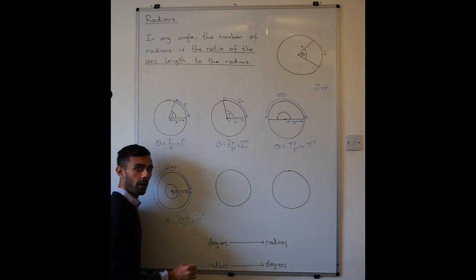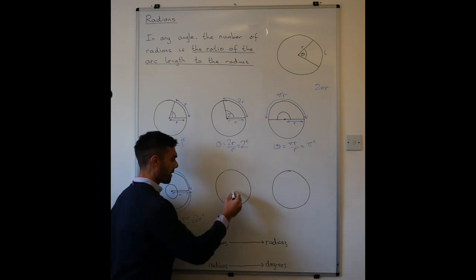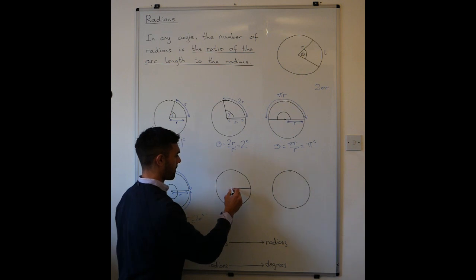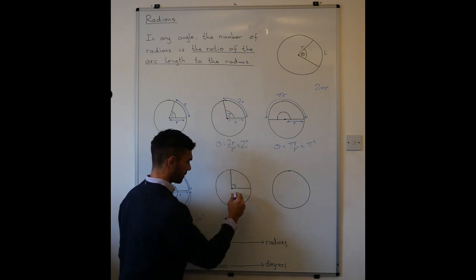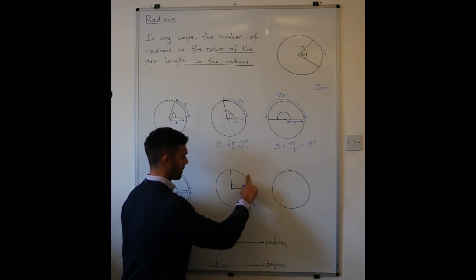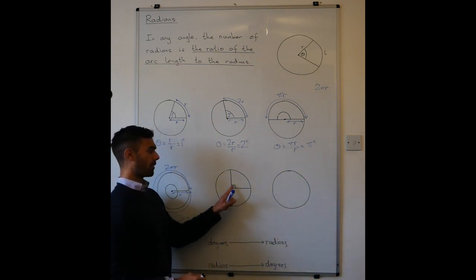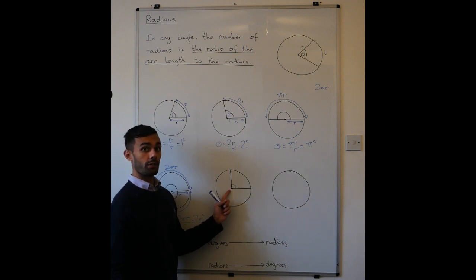Okay, 2 more to go, and hopefully this will clear a few things up. This time, I'm looking for this angle in here, which you can see is 90 degrees, but I want it in radians.